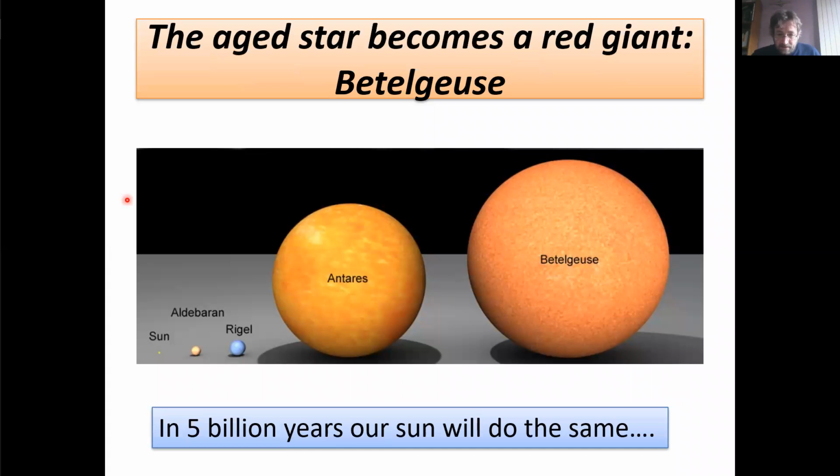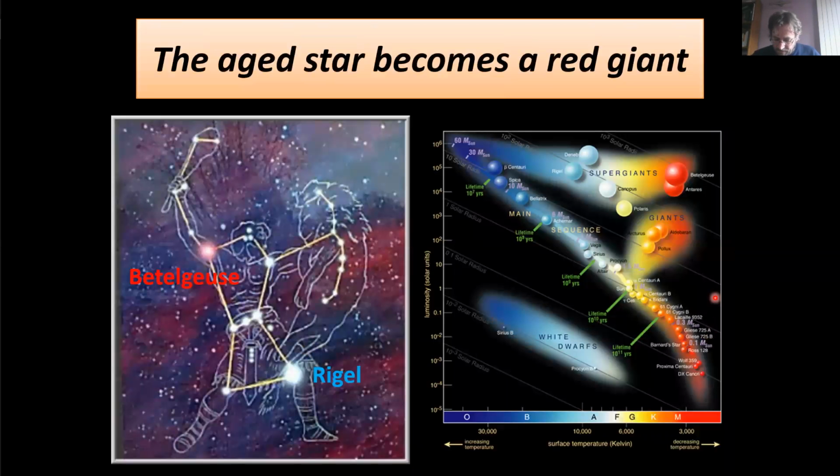To give you a feeling about the sizes, well, this Aldebaran is a red giant, but it comes from roughly the mass of our sun. Not too much, while Betelgeuse, I think, has 20-25 times the mass of our sun. I'm not sure, I have to look this up.